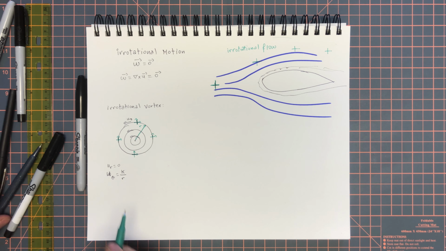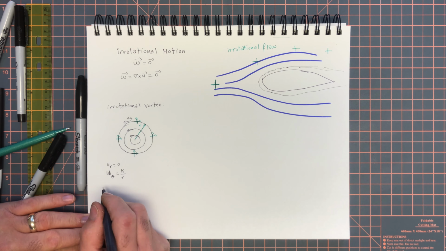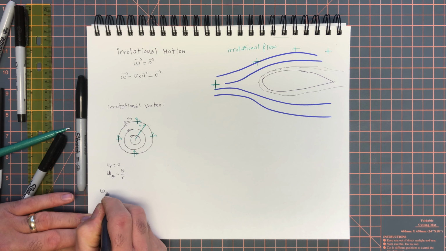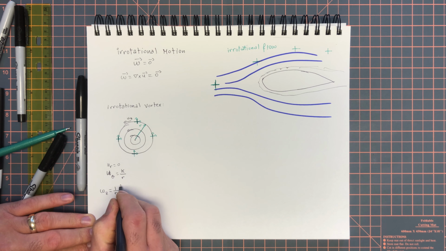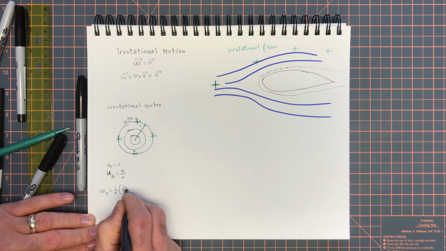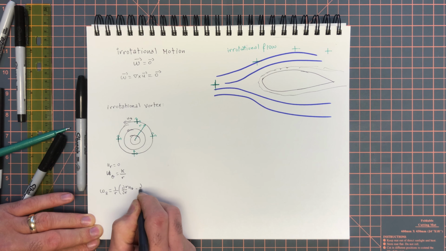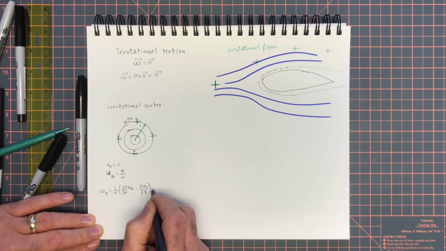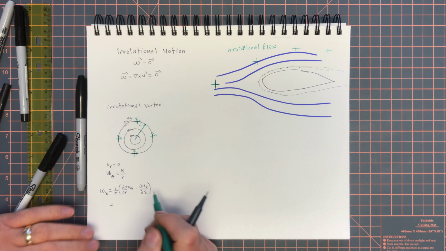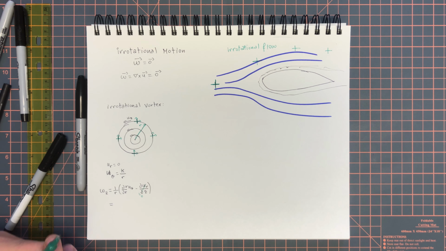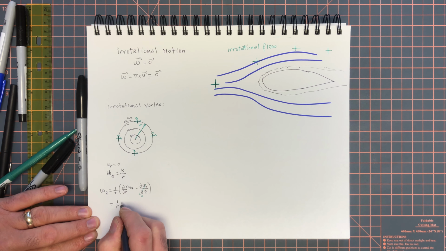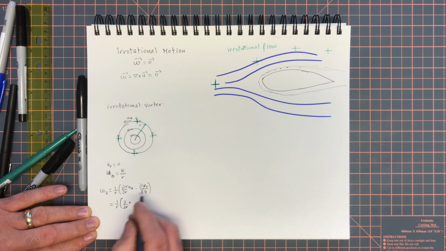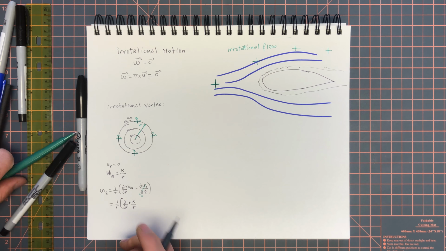It's really cool. Now, to prove that this flow is irrotational, all we have to show is that omega, the only non-zero component of vorticity, which is omega z, given by 1 over r d by dr of r u theta minus dur by dz, is 0. The second term is 0 because ur is 0, so that gives us 1 over r times d by dr of r times u theta, which is k over r.